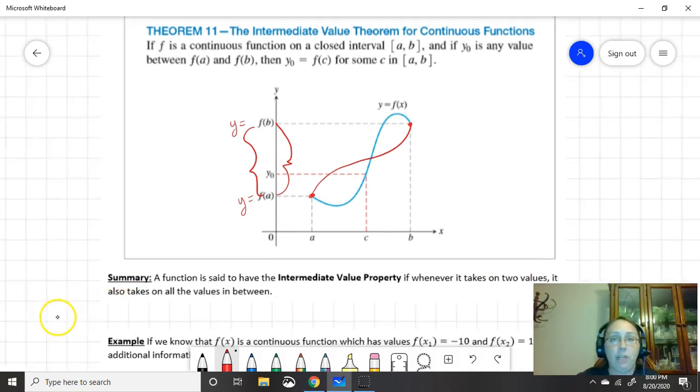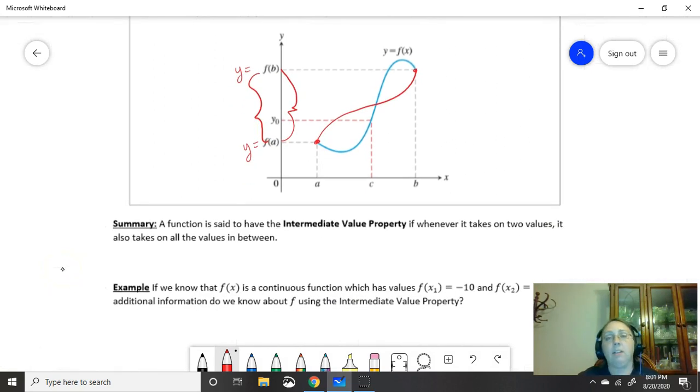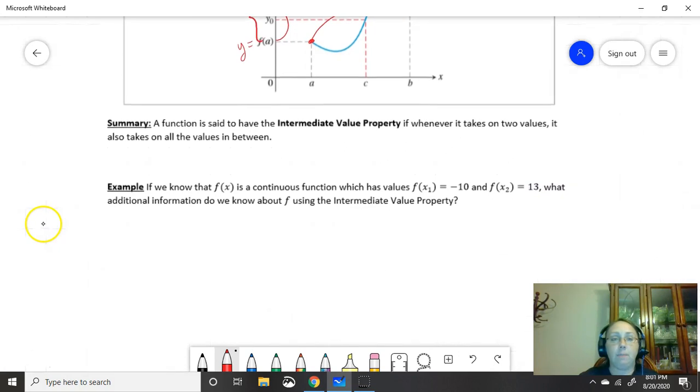Now, how are we going to use it? Well, what you probably saw in an algebra or pre-calculus course is this particular example, such as this one. If we know that f of x is a continuous function which has values equal to -10 and 13. So envision here, if I were to draw a graph, we have a point x1, and we have an x value of x2.